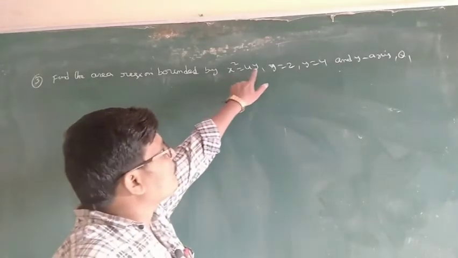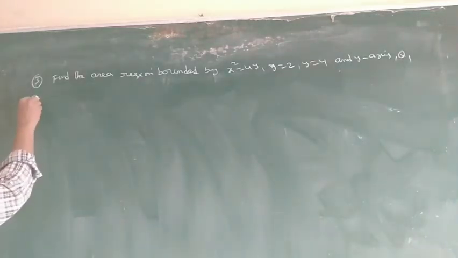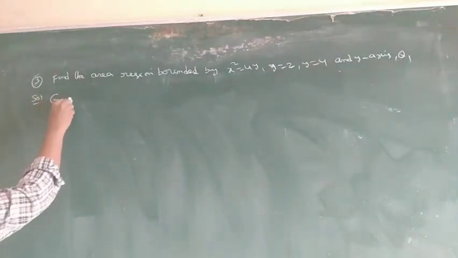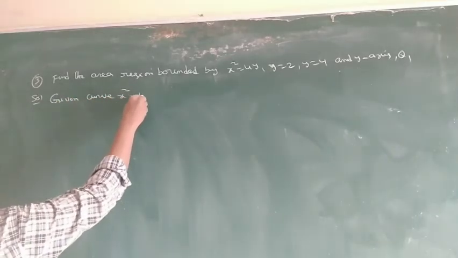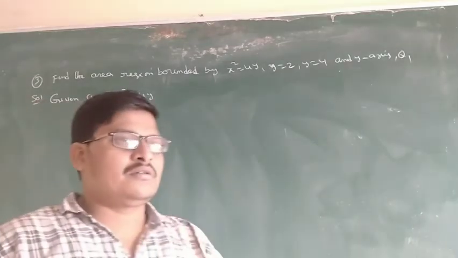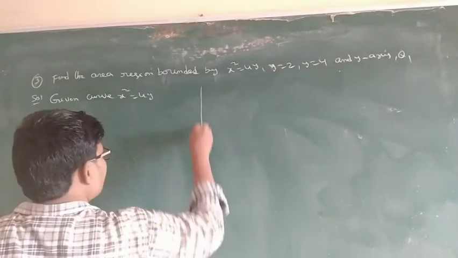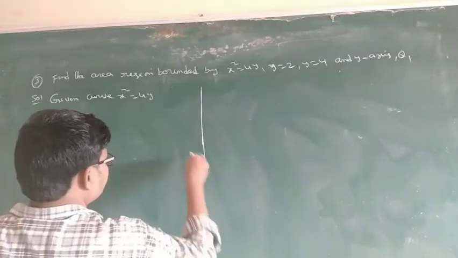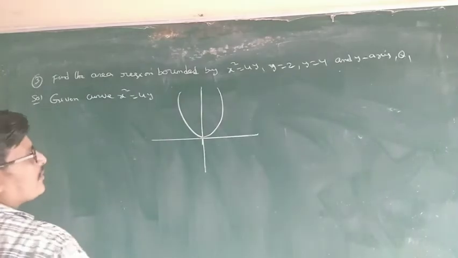What is the curve? x square is equal to 4y. Solution: given curve x square is equal to 4y. y square is equal to 4x means the curve is along the x-axis, the right side. x square is equal to 4y means the curve is on the upper side.